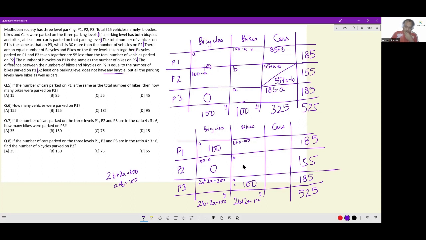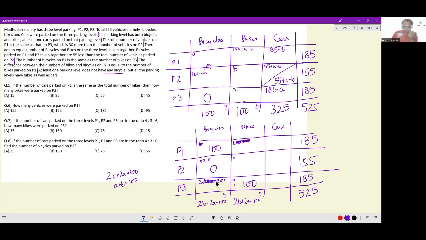And now we were told this minus this gives me the count of bikes here. B plus A minus 100. So this will turn to simple B. A is turning out to be 100.